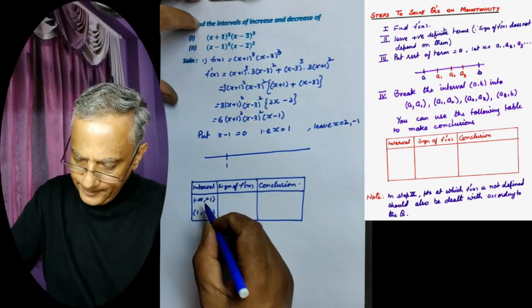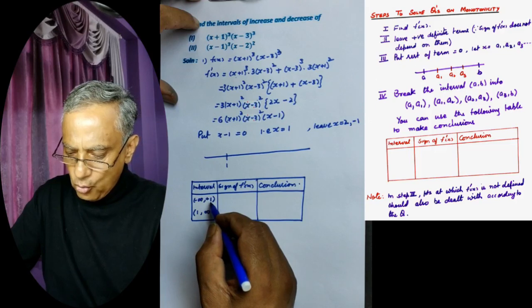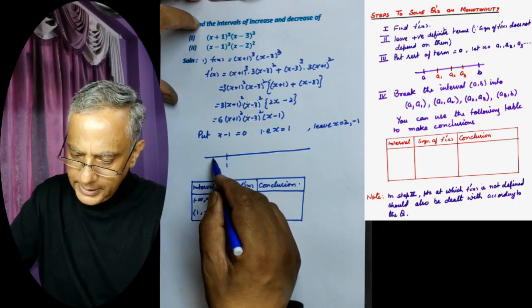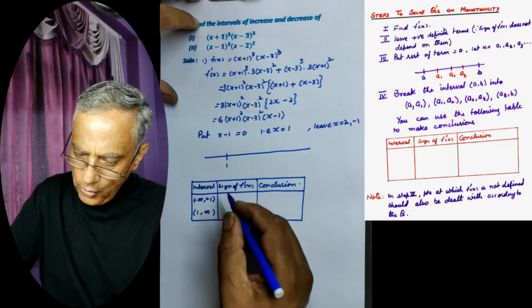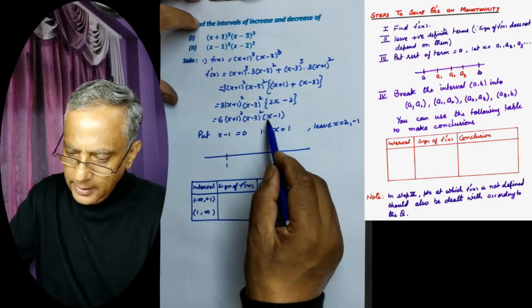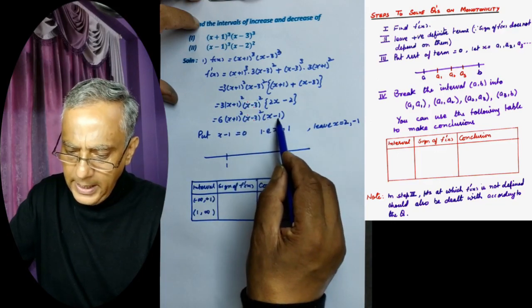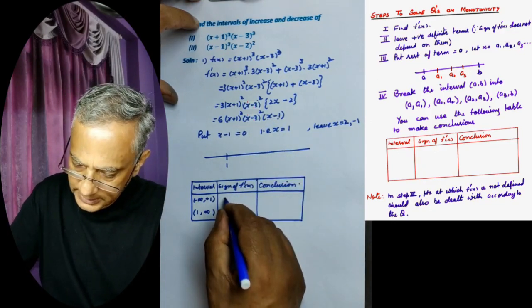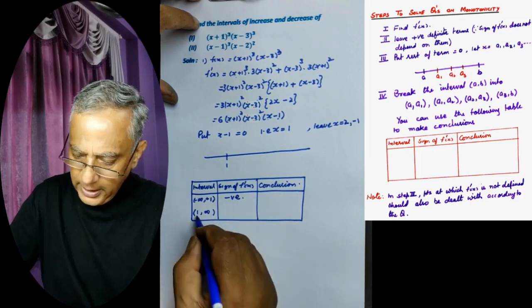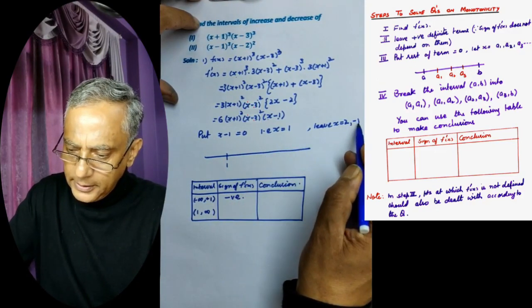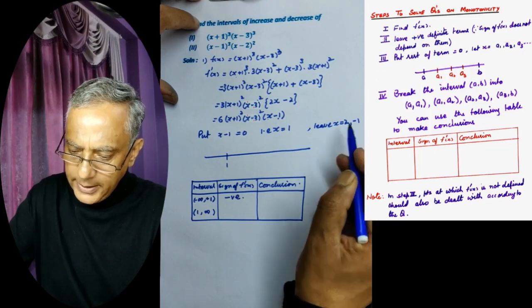So this will be minus infinity to 1. Take any point, say 0. In 0, this will be negative, and sign does not depend upon this, therefore this will be negative. And in 1 to infinity, take any point except these two, 2 and minus 1.